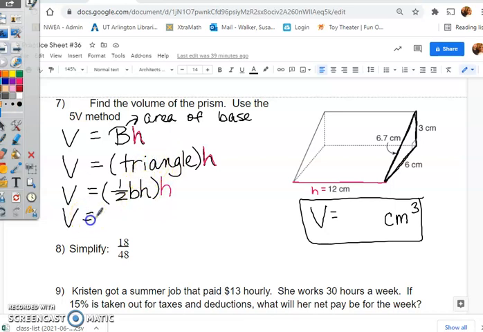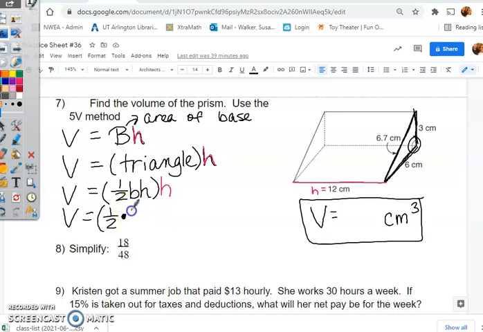Right? So let's plug in our numbers. Half. Only look at the triangle. Here's my triangle. What numbers do I need? I need a base and a height of the triangle only. Hopefully you know it's 6 and 3 because there, my friends, is the right angle. Okay? Half BH.